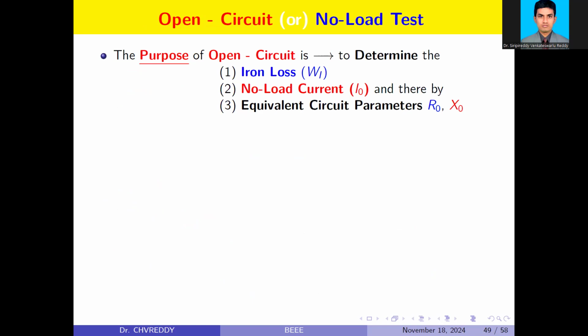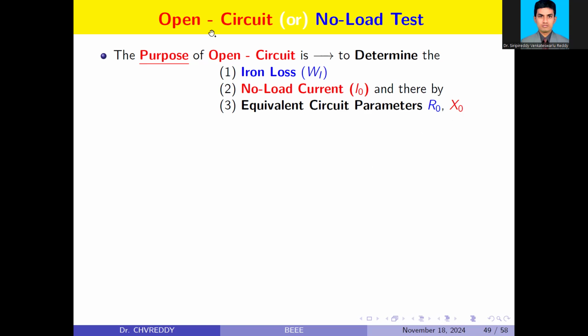The main purpose of the open circuit test is to determine the following parameters. The first one is the iron loss, indicated with WI. The second one is the no load current, that is I0. And the third one is the equivalent circuit parameters, R0 and X0. Already in the initial part I said that with the help of the OC and SC tests, we calculate the equivalent circuit parameters, voltage regulation, and iron loss and copper loss.